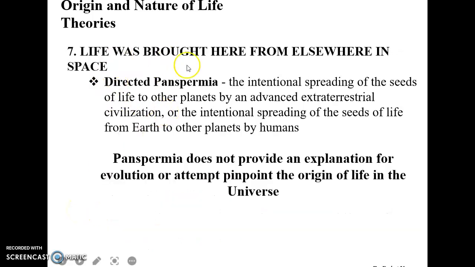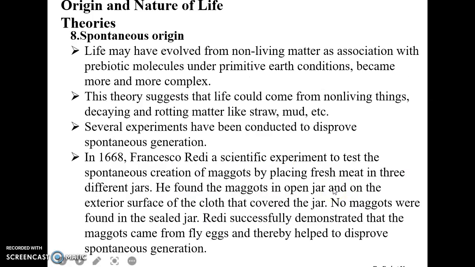And the third one is direct panspermia. According to this, there is intentional spreading of the seeds of life to other planets by an advanced extraterrestrial civilization. Though panspermia does not provide any explanation for the evolution of life, it attempts to pinpoint the origin of life in the universe.